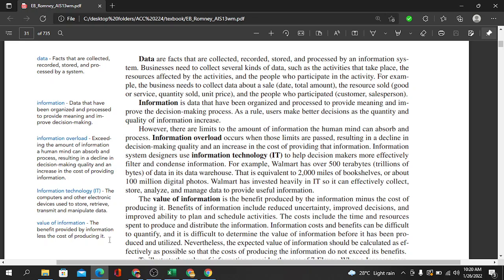Kasi kung marami na siyang information, magdi-decline yung quality of your decision making if too much information. Overloading of information, medyo mahirapan tayo. So when you apply it as a student, you will only filter those information.